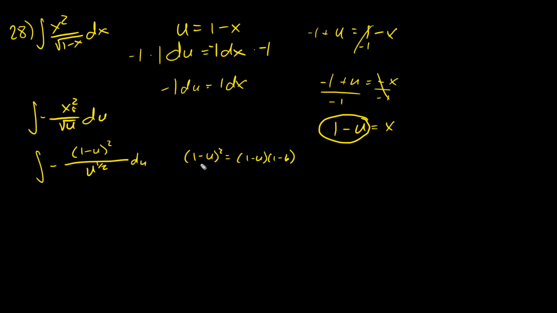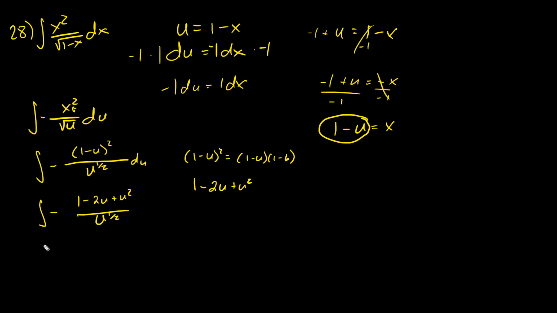Or since it's faster and more efficient, I'll use Pascal's triangle and how to square a binomial, which is to square the first term, multiply the two terms together and double it, and then square the last term. So we end up with the integral of negative 1 minus 2u plus u squared all over u to the 1/2.